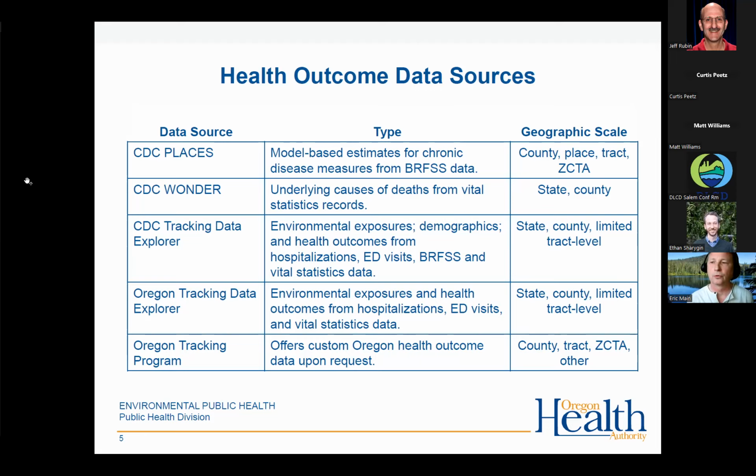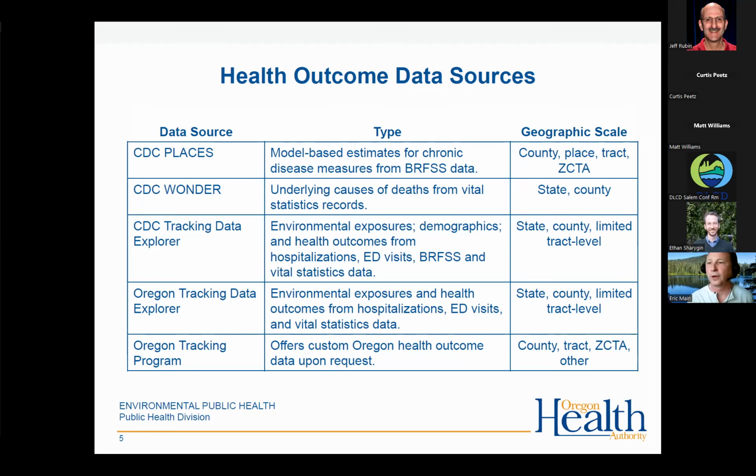The Oregon Tracking team has access to data from health analytics, and that data is all geocoded. So it can be aggregated to whatever the geography type is, as long as there are enough cases so that the data doesn't have to be suppressed.